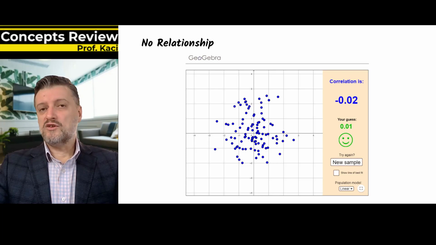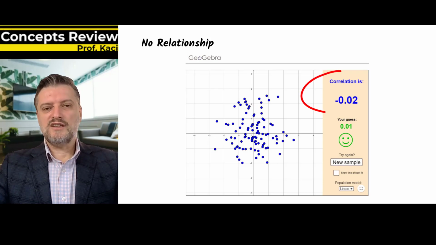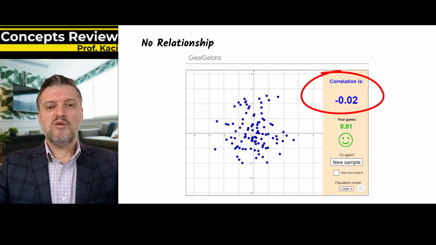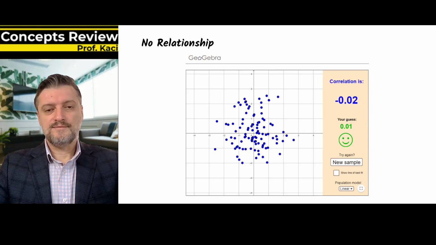If I know your GPA, I don't have any idea how many laptops would be sold. As seen in the scatter plot here, the relationship is almost non-existent, almost 0. There is no pattern of relationship, points do not fall on a straight line, and the statistical correlation coefficient is negative 0.02, or almost 0.